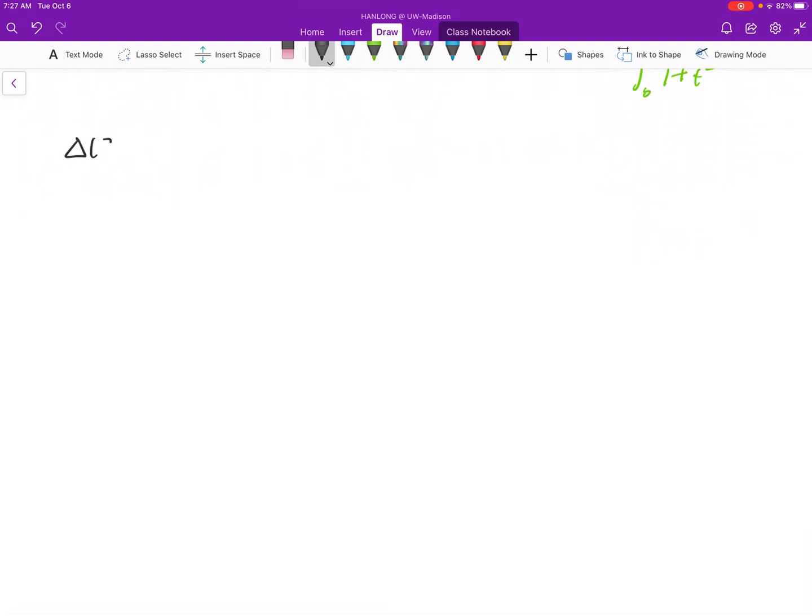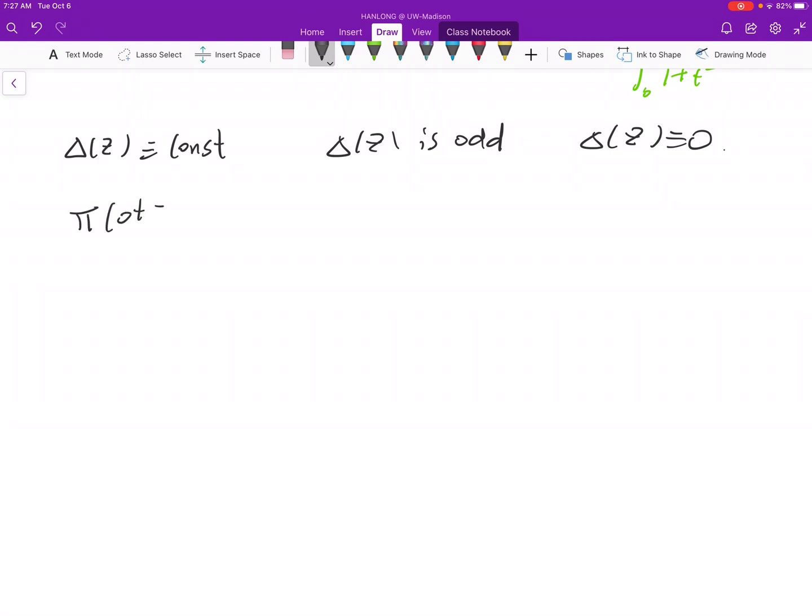We know that delta z is a constant, but notice that delta z is odd. Then delta z must be 0. So we show that pi cotangent pi z equals an infinite summation, 1 over z plus the sum of 2z over z squared minus n squared.